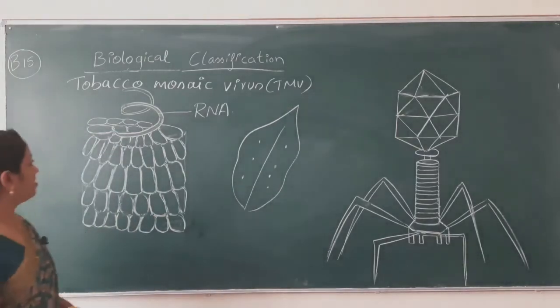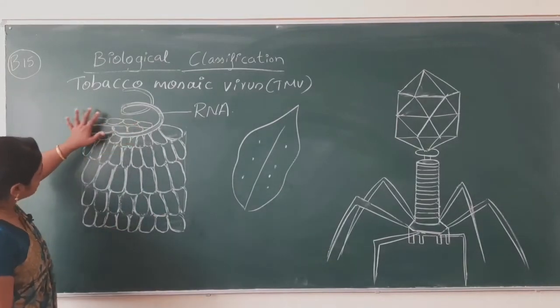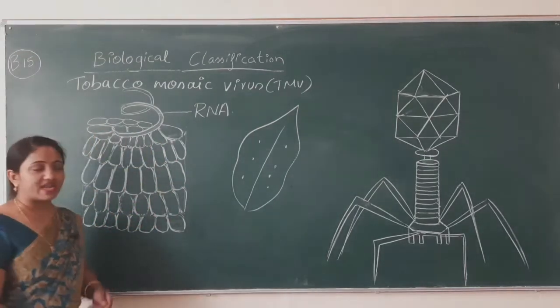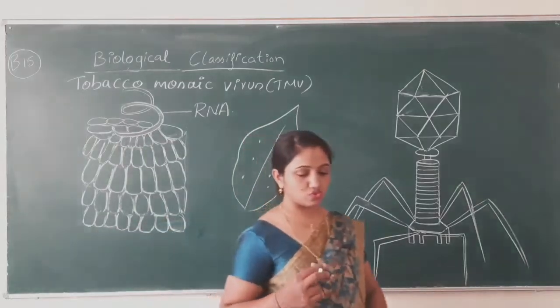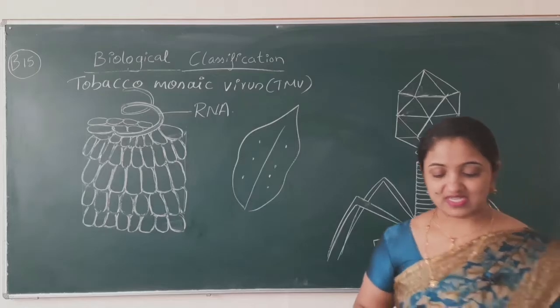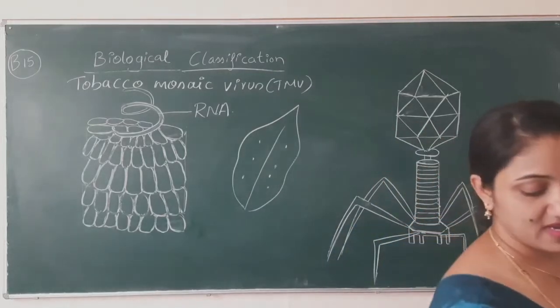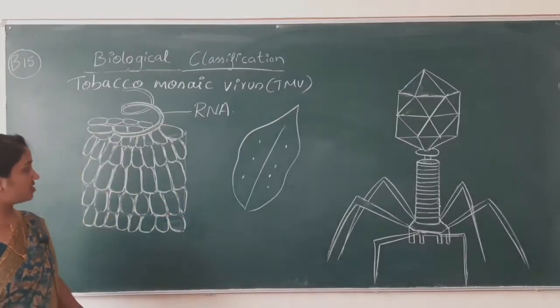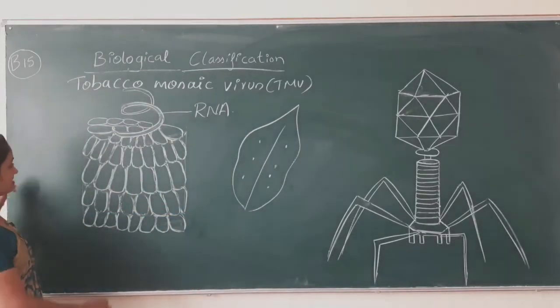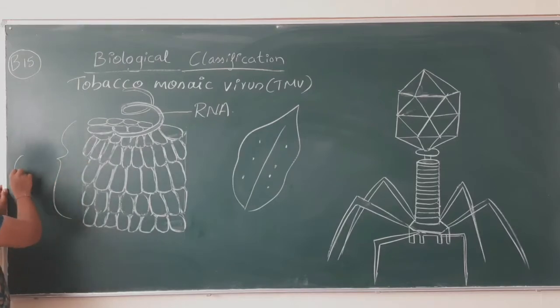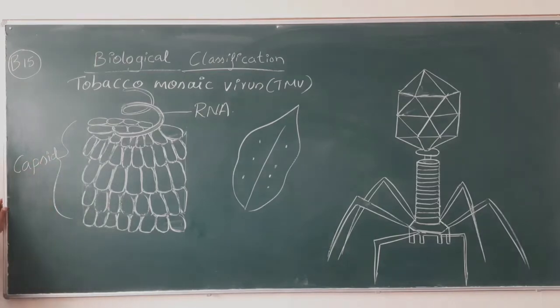Now we can see some other structures in the tobacco mosaic virus. Those who have studied the textbook can answer this. It is nothing but a protein coat, a capsid.